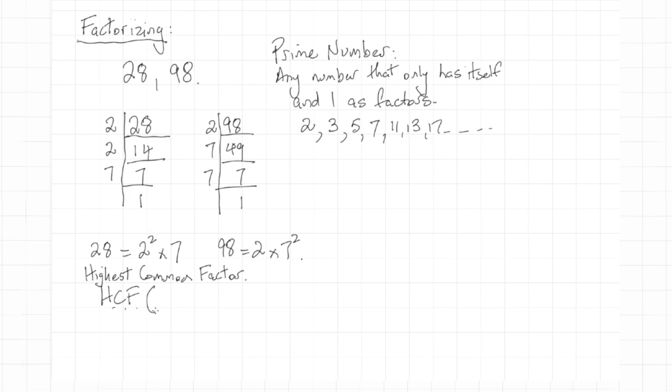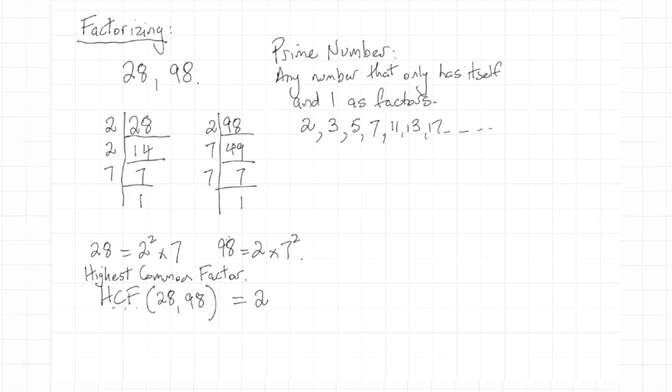So the highest common factor of 28 and 98, instead of writing that out all in English, we write it like that: the HCF of, in capitals there, the two numbers separated by a comma and in brackets, equals. Now what we do is we look at the breakdown of prime numbers and we say, right, there's some 2's in both.